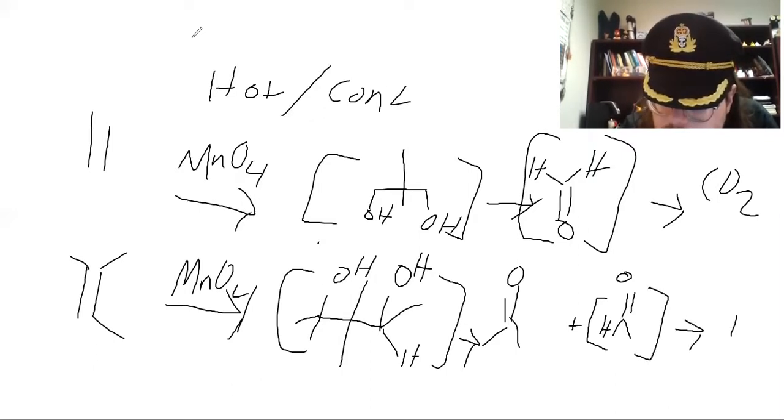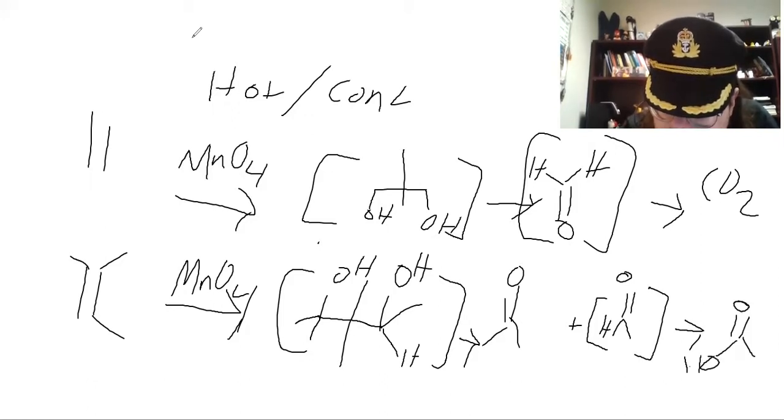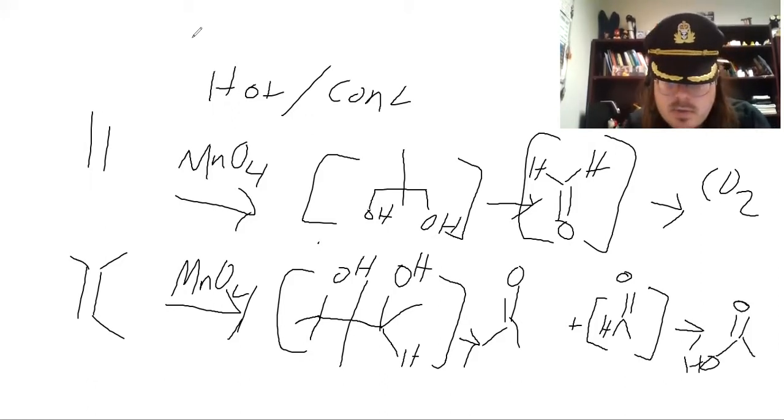And so you would end up with a ketone and a carboxylic acid. In that case, you would get acetone and formic acid. No, sorry, acetic acid.